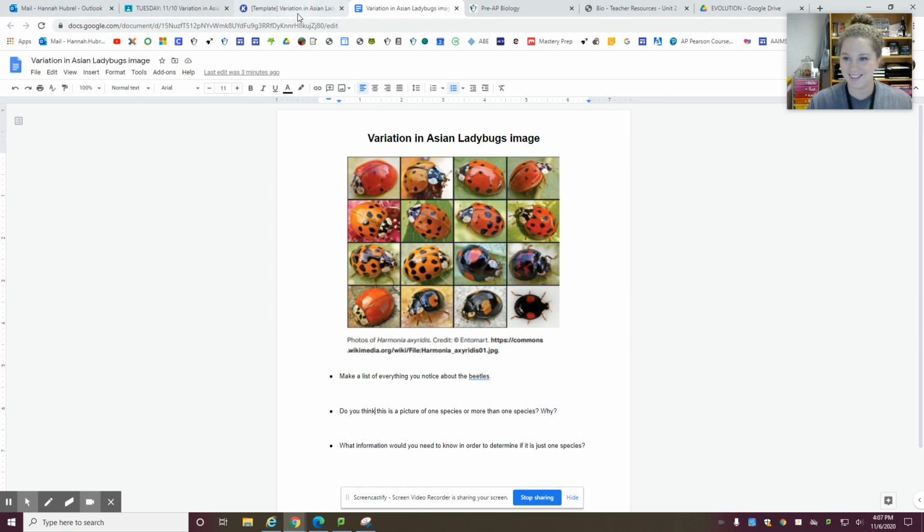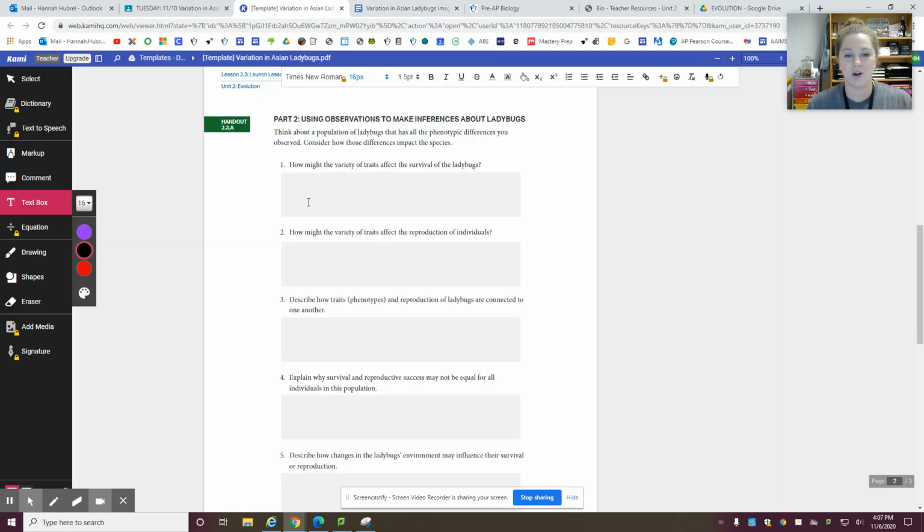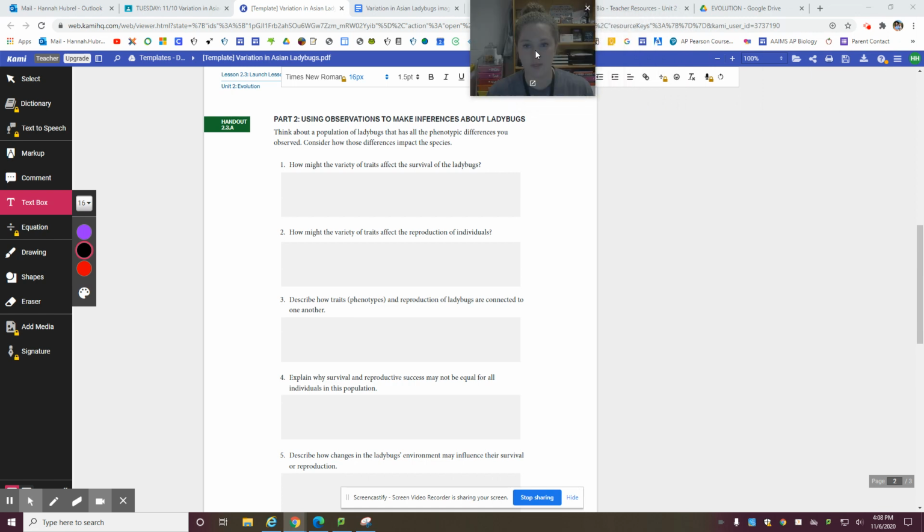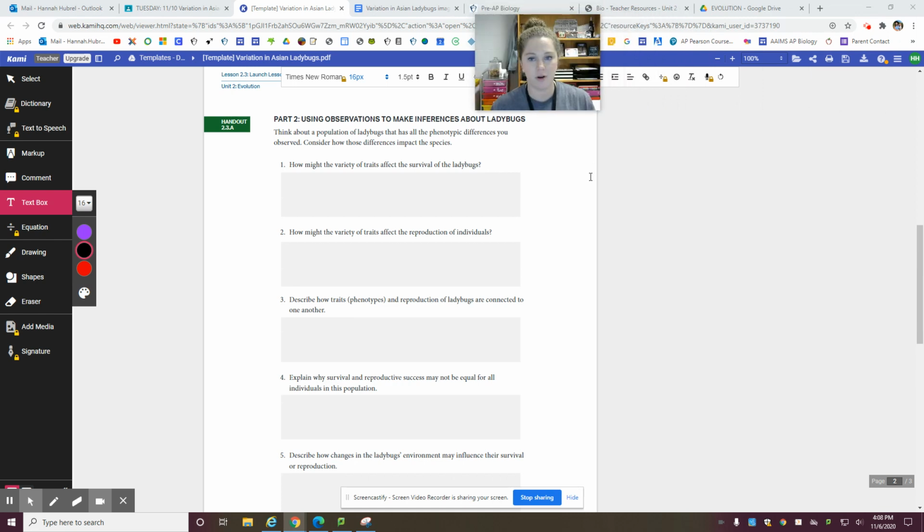So we're going to go back. And how might the variety of traits affect the survival of the ladybugs? So if they are all brightly colored and they live somewhere that they can't blend in, would that help them survive or not?